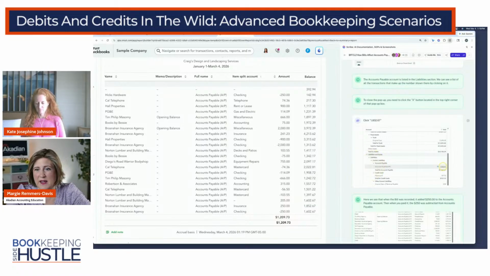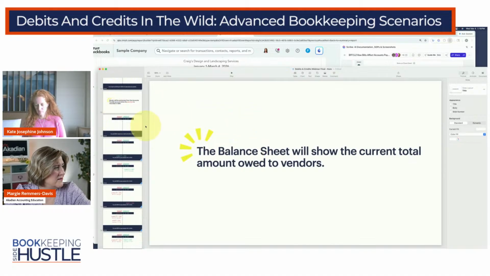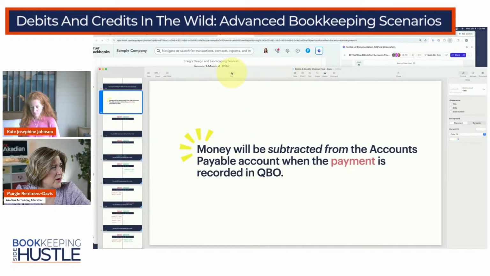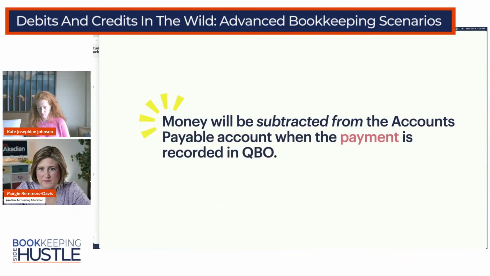All right, now let me go back to this. The balance sheet will show the current total. Here's the important thing that you need to know. We already said that when the payment is recorded in QBO, it's going to be subtracted from accounts payable.